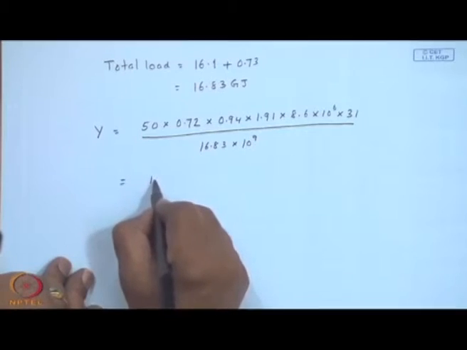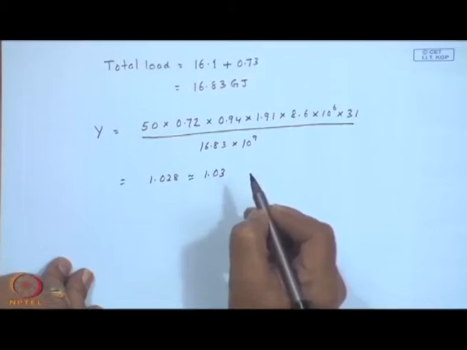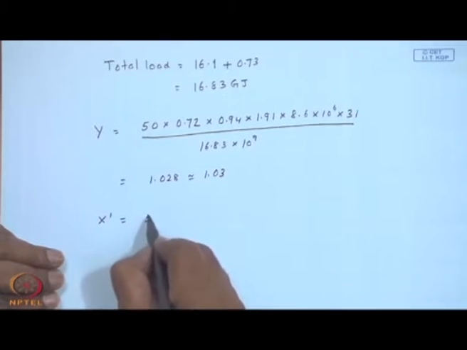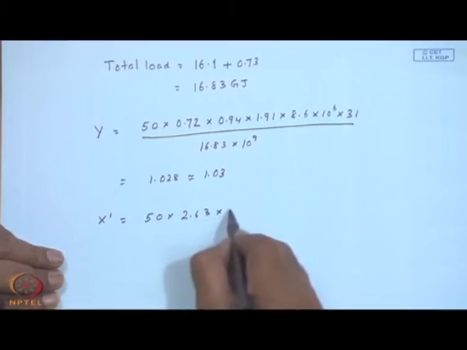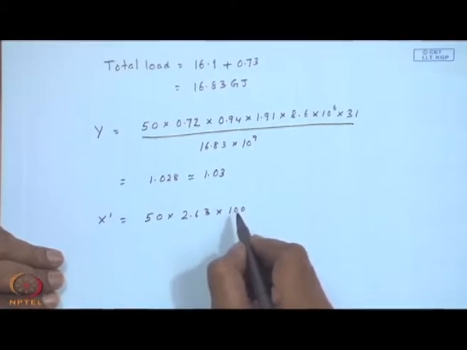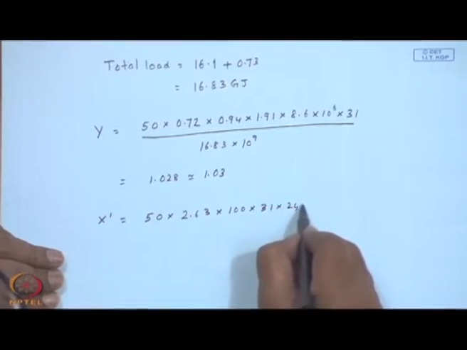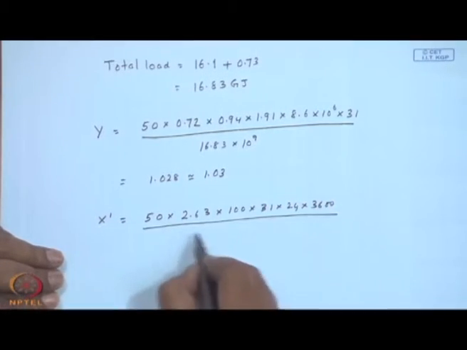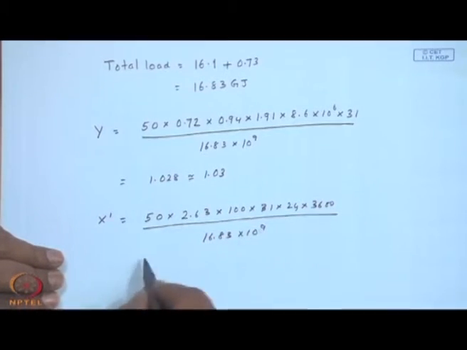This is 1.028, which is approximately 1.03, and the variable x dashed will be area 50 times F R U L 2.63 into 100, that is a formula number, times the number of seconds in the month, 31 into 24 into 3600, by 16.83 into 10 to the power 9, which is 2.1.